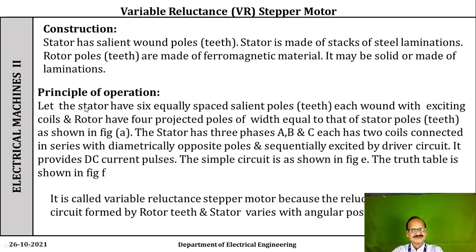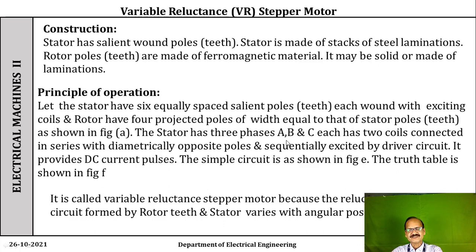Okay. Now see the principle of operation. The stator has 6 equally spaced salient poles. Poles means teeth, each wound with exciting coils, and the rotor has 4 projected, means salient, poles of the same width as that of the stator poles. The stator has 3 phases A, B, C, and has 2 coils.